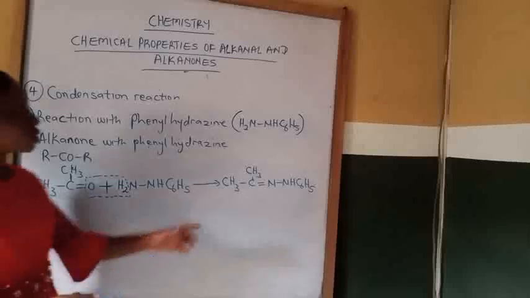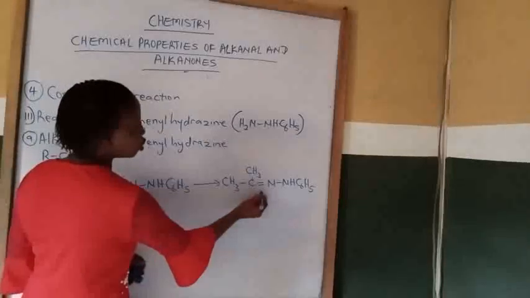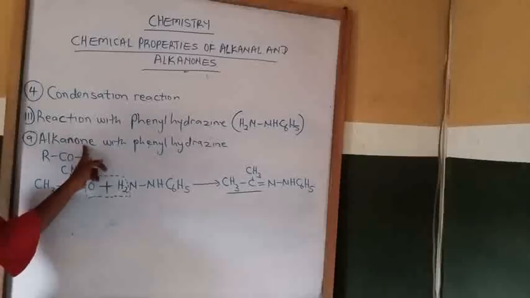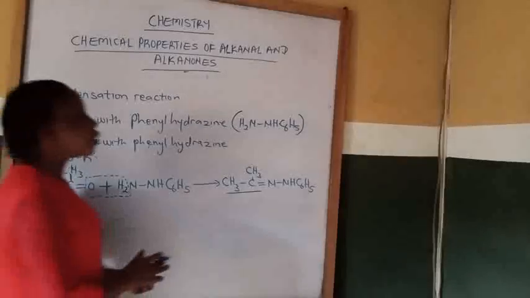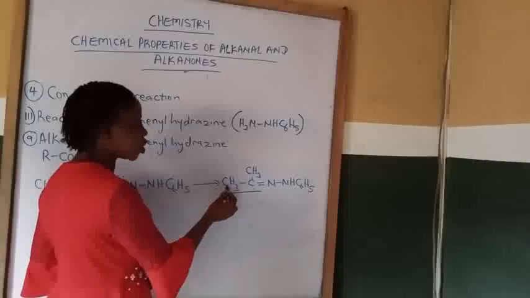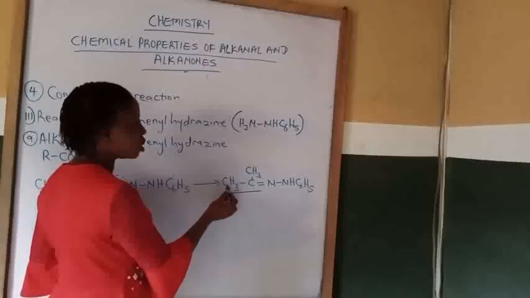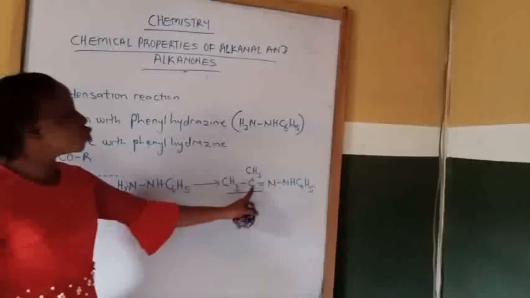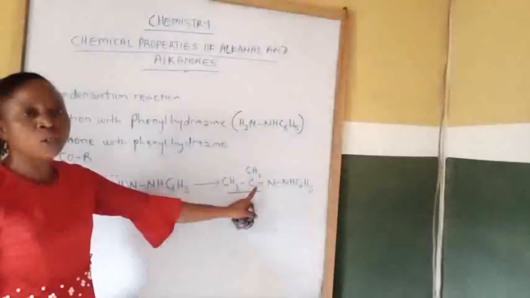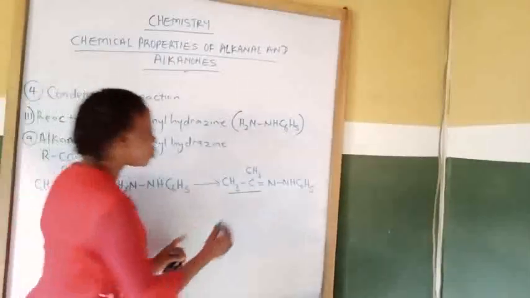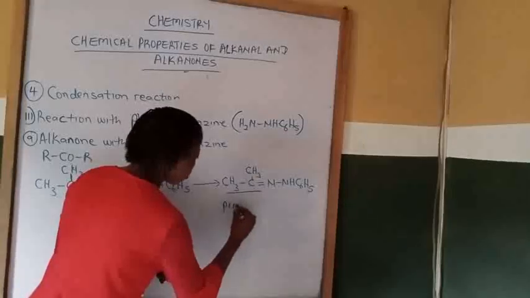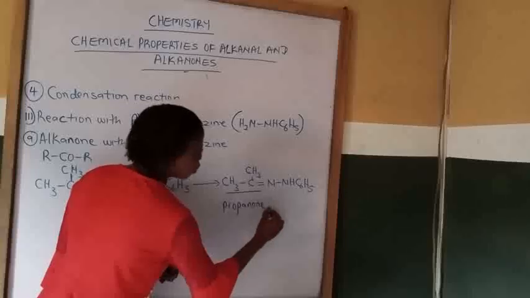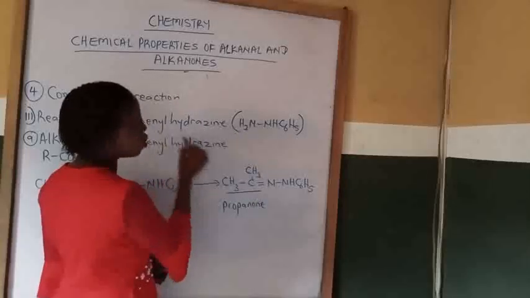Then this structure, the first part of the structure is from what? It is from an alkanone. It is derived from alkanone. Then an alkanone with 3 carbon atoms, because we are having 3 carbon atoms from this structure. 1, 2, 3. So we have 3 carbon atoms. An alkanone with 3 carbon atoms is called what? Propanone. So it will now be propanone, then vinyl what?